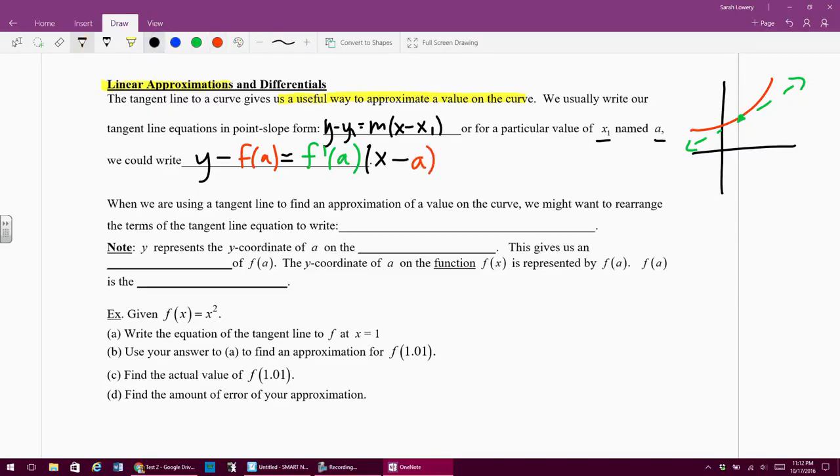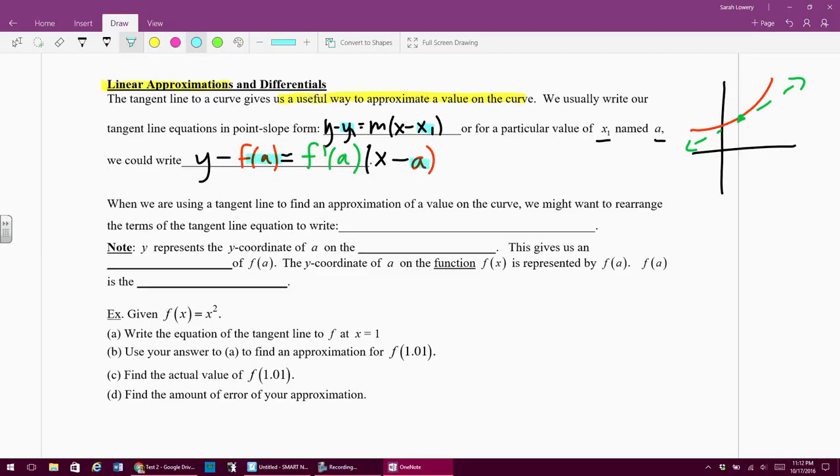So really, this is not anything new. Instead of using this idea of a point being x and y, I'm now saying that this point is a and f of a. And instead of using the letter m for slope, I'm just saying f prime of a.